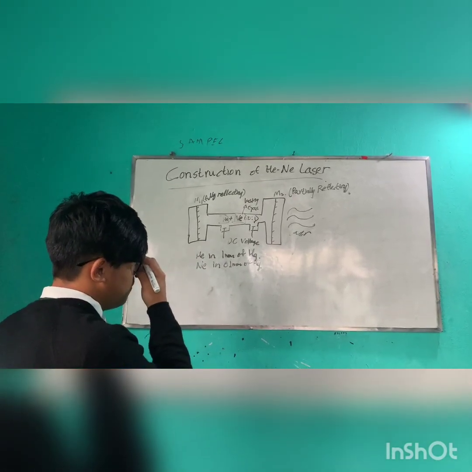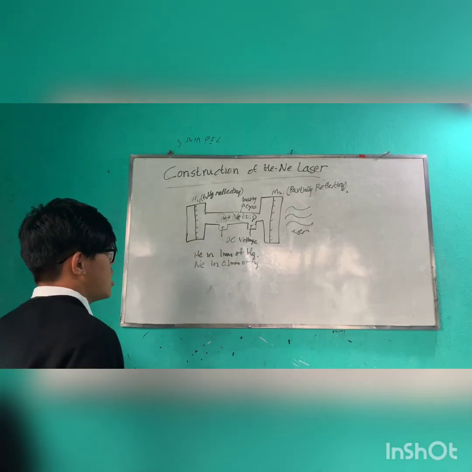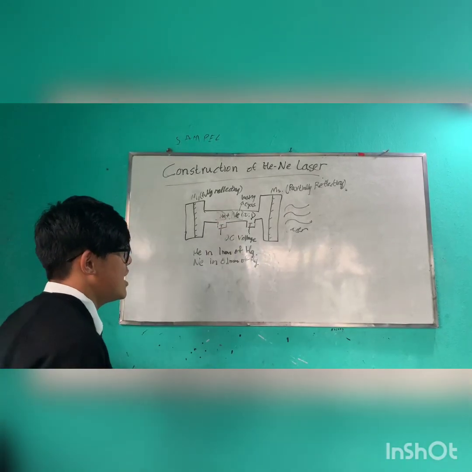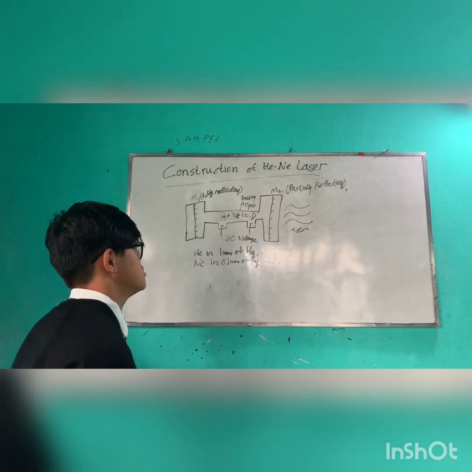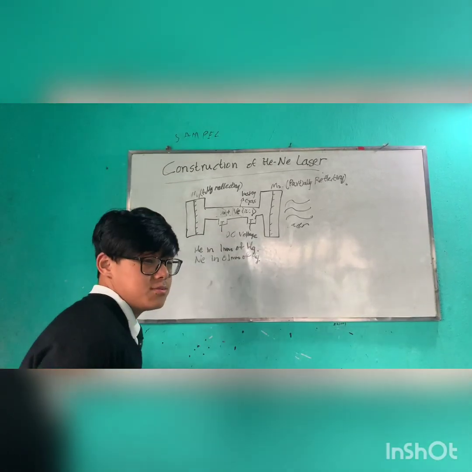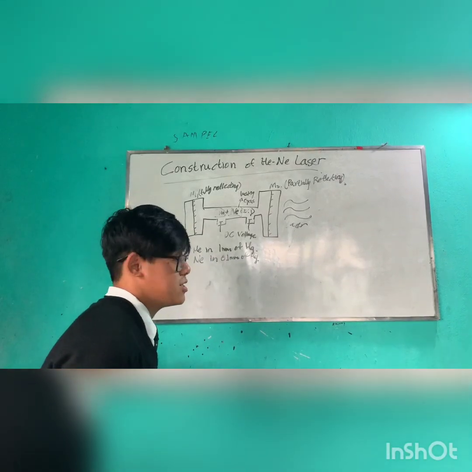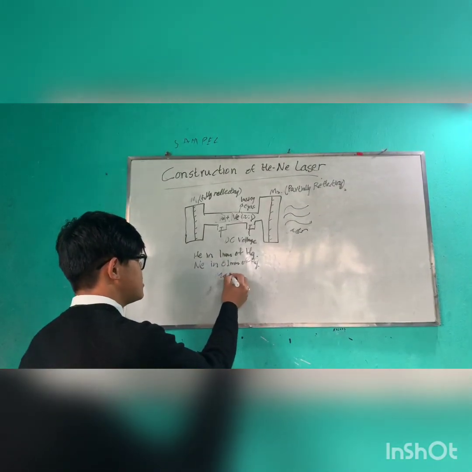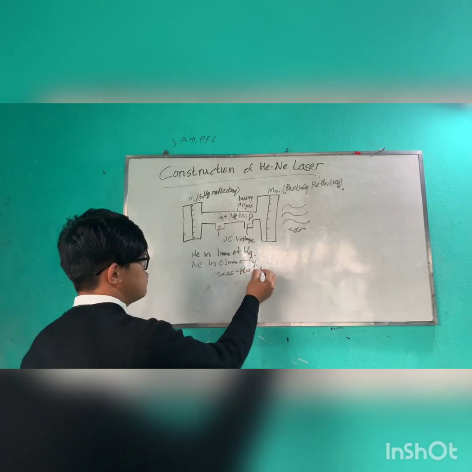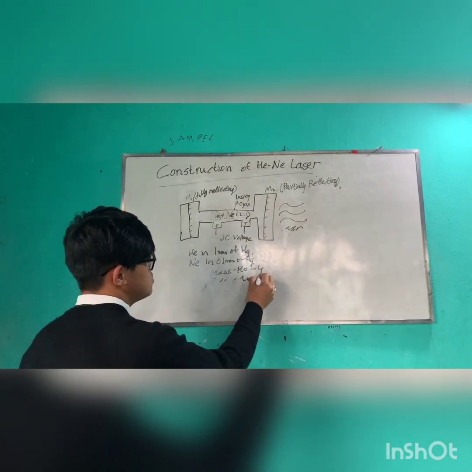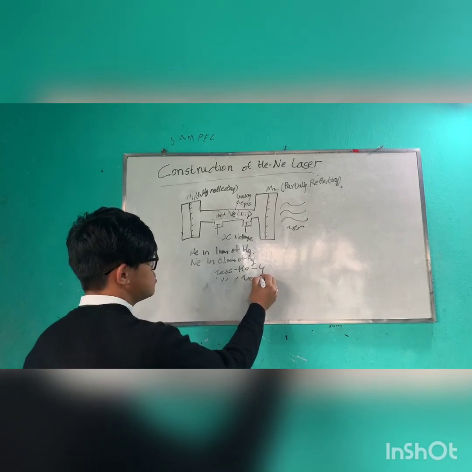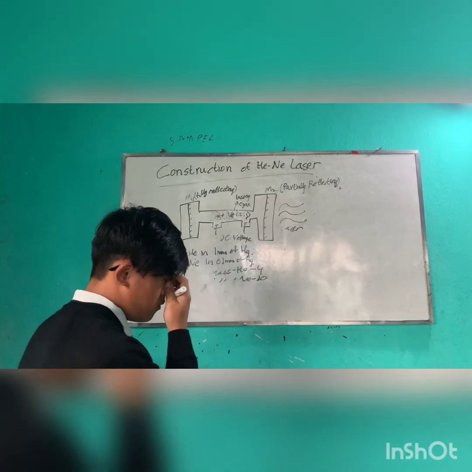When we electrically charge the gases present in the narrow discharge tube, helium gets charged first, because helium atoms are lighter than neon atoms. The mass of a helium atom is about 4, whereas the mass of a neon atom is about 19 or 20, which is about five times more.